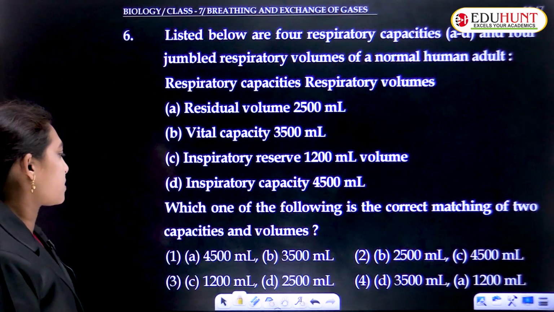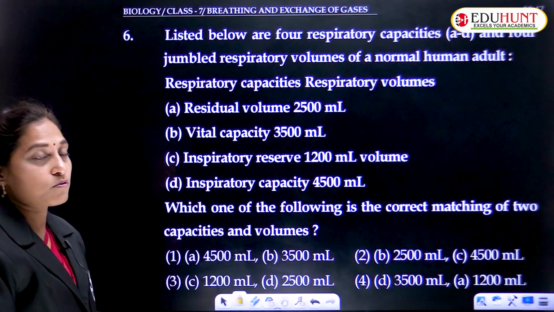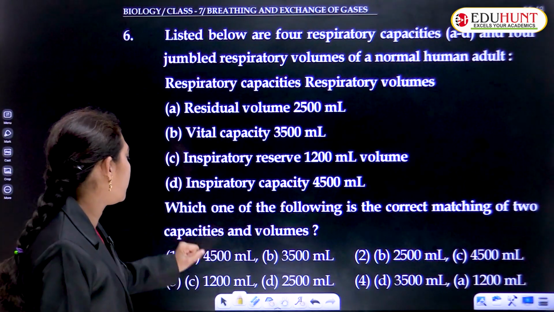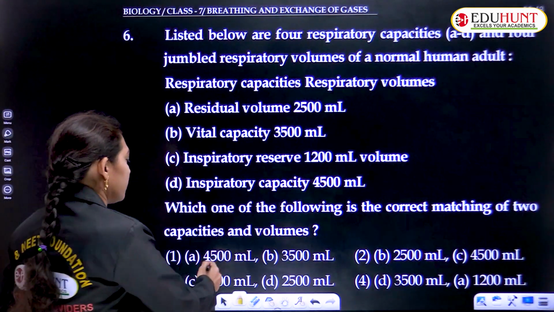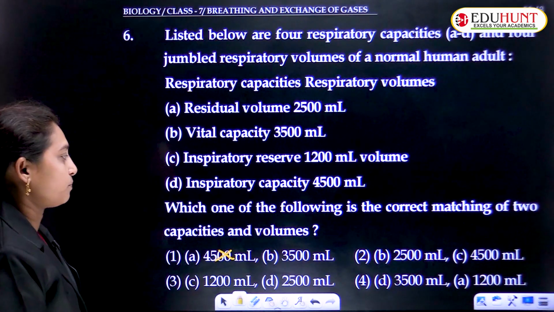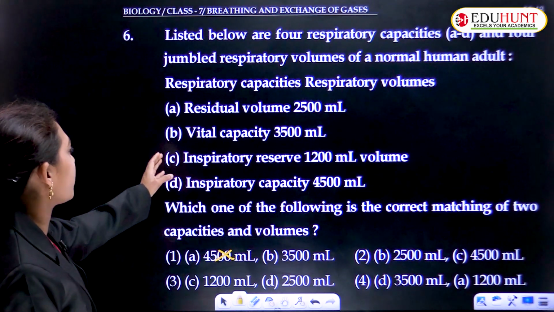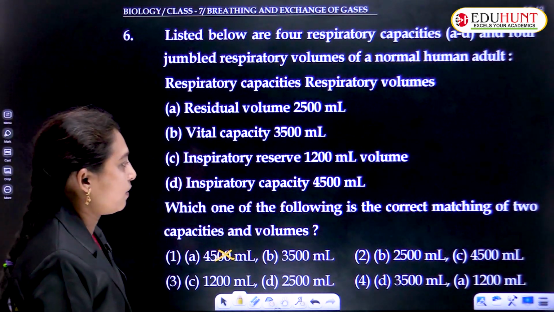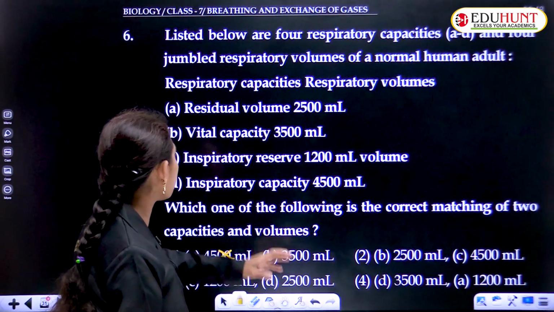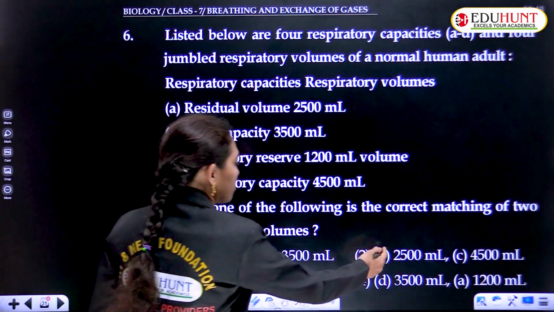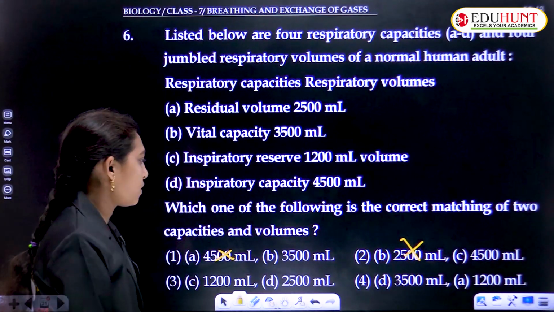Let's see the first option A, that is 4500 ml residual volume. It is not 4500 ml, so this one can be eliminated. 2500 ml for vital capacity and 4500 ml for inspiratory reserve volume, so it is also a wrong option.